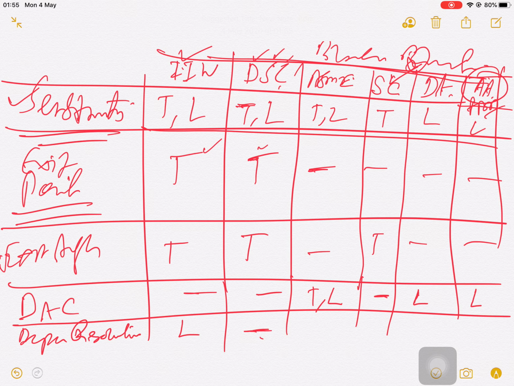In the DSC, distance and sensitivity calibrations, we are not taking any waves here, but for the ASME we are taking transverse and longitudinal. For the distance amplitude we are taking longitudinal, and for the area amplitude we are taking this one. Okay, so depth resolutions.